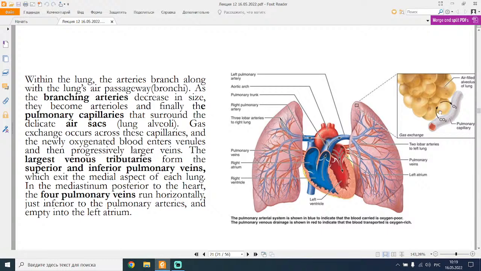Gas exchange occurs across the capillaries, and the newly oxygenated blood enters venules, and then progressively larger veins.